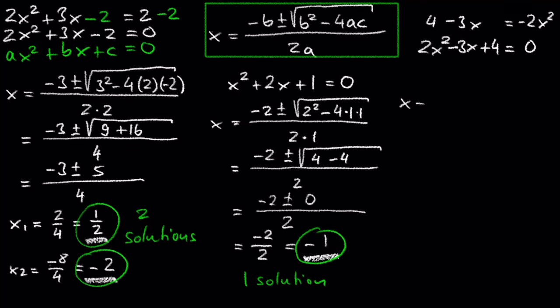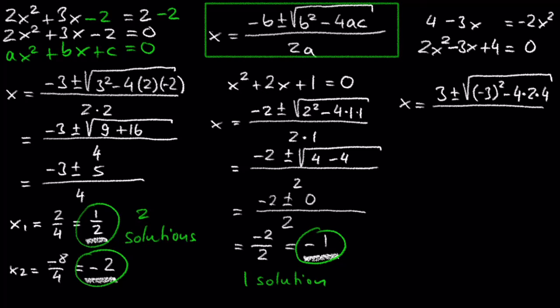X equals negative b is negative 3, plus minus the square root of b squared, so that's negative 3 squared, minus 4 times a is 2, times c, which is 4.